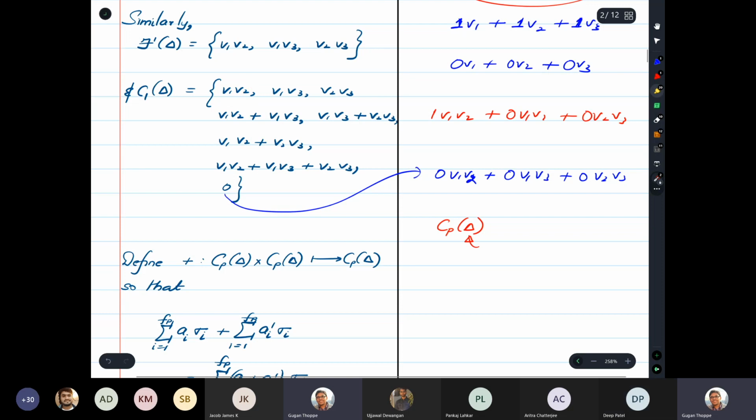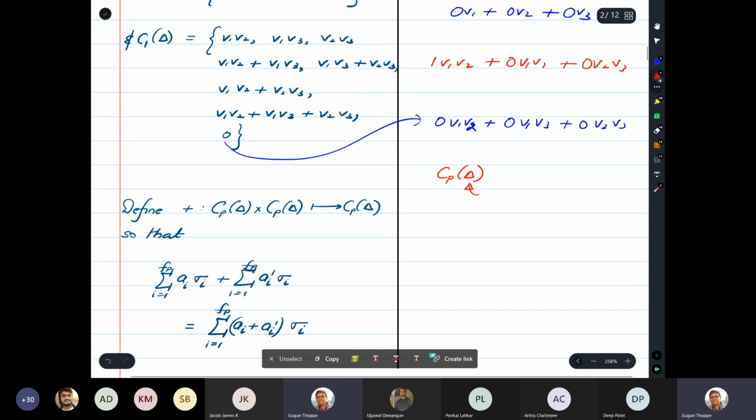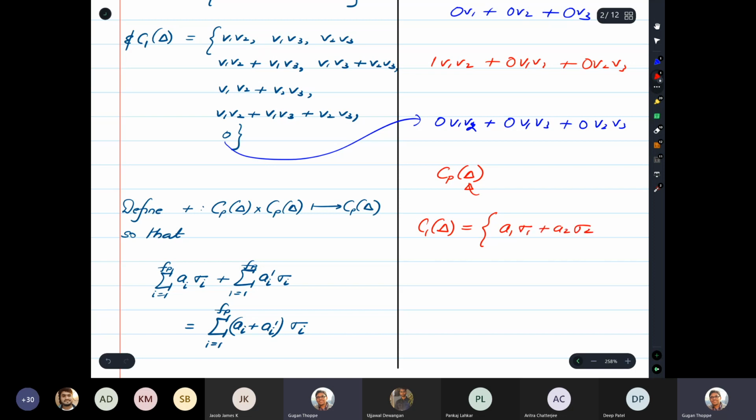As I said, let's recall what this C1 delta is supposed to represent. C1 delta is supposed to represent all formal sums, sorry for using that word, of the form A1 sigma 1 plus A2 sigma 2 plus A3 sigma 3, where Ai is an element in Z2 and sigma i is an element in F1 of delta.